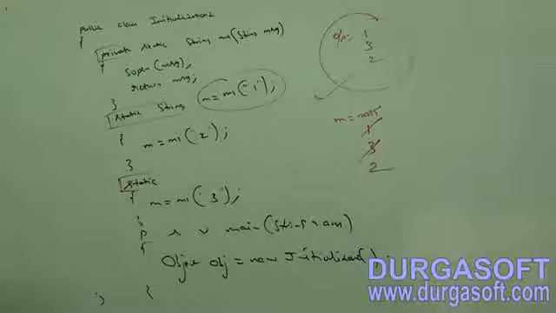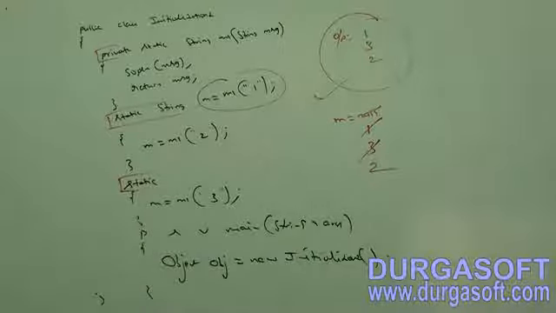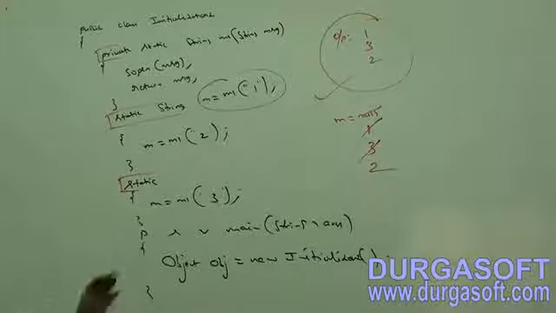Private static String M1 of String message. I hope that's completed, right? That's all. This is what you people should be aware of: 1, 3, 2.